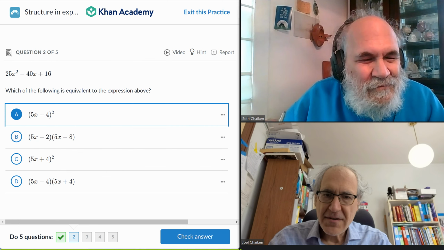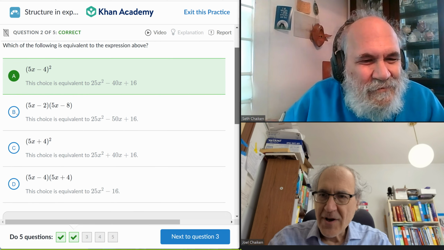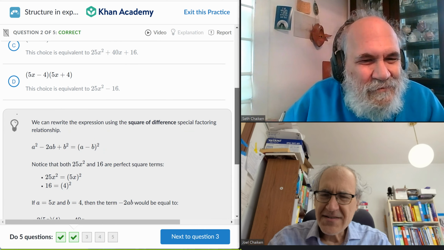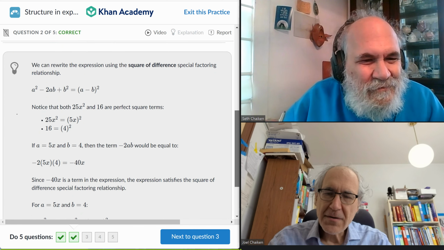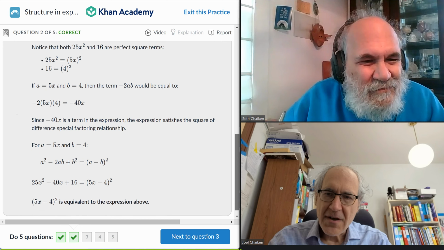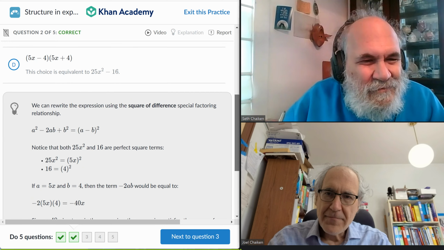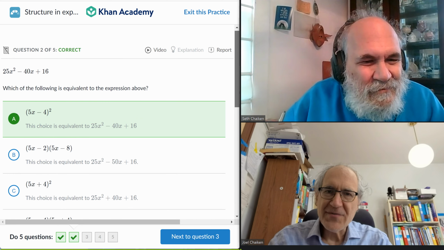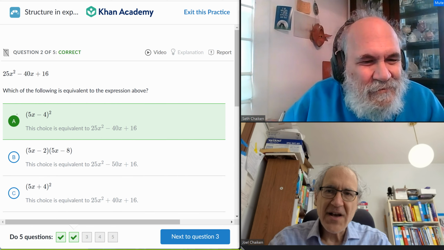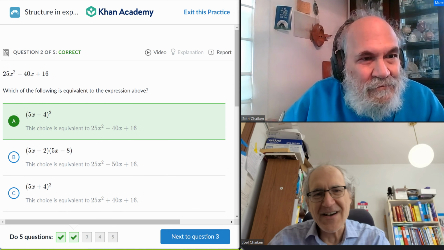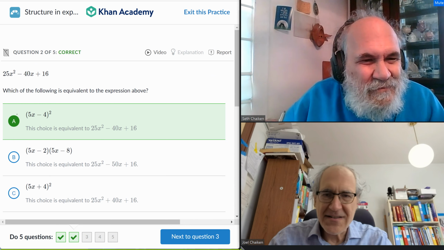Let's see how they did it. Yeah, they did it the same way. They are using the formula. If not, then you can just use the signs. We're using the plus signs and the minus signs to tell us what the answer should be.